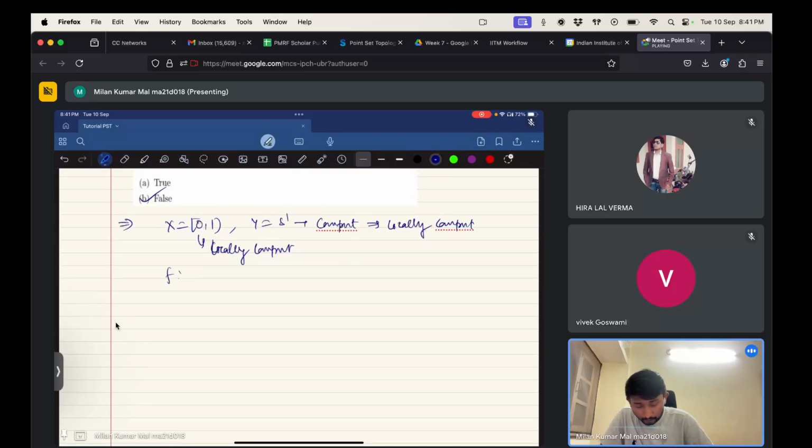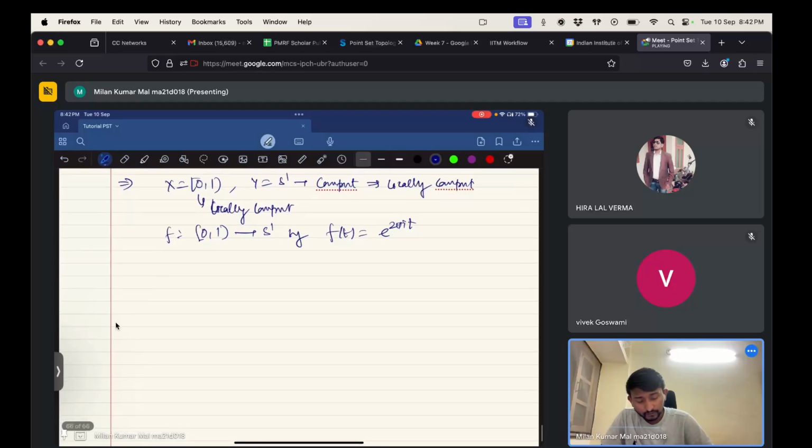Let the map f from [0, 1) to S1 be defined by f(t) equals e to the power 2 pi i t. Check f is bijective. Clearly f is continuous, the exponential function is continuous, and bijectivity we have to prove.